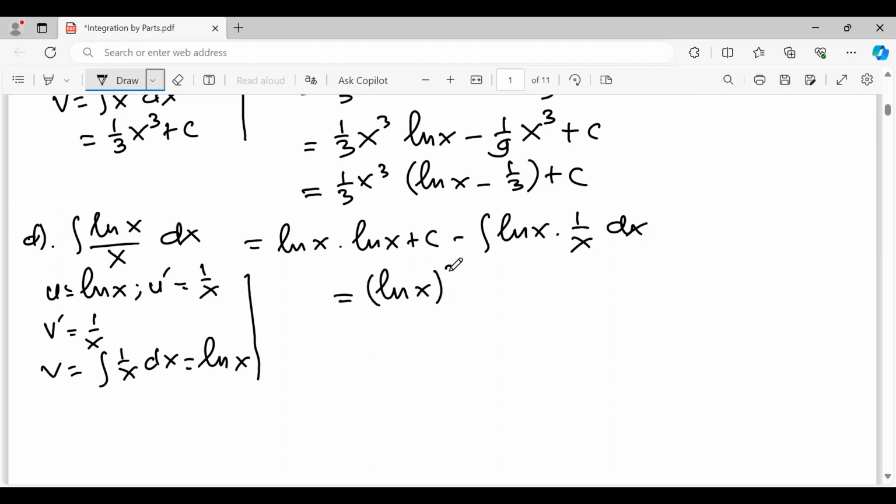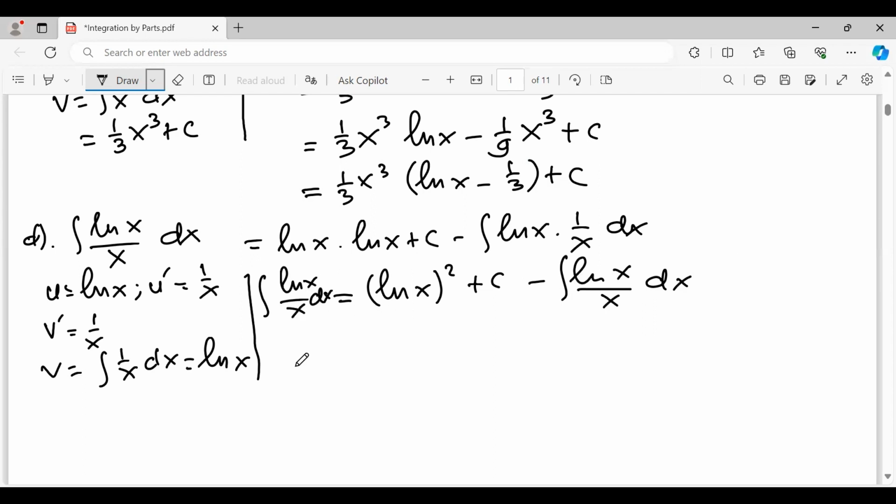ln x squared plus c minus integral ln x over x dx. This is the same integral ln x over x dx.